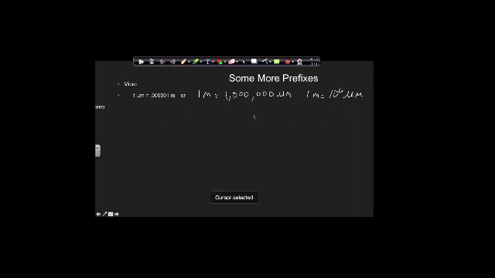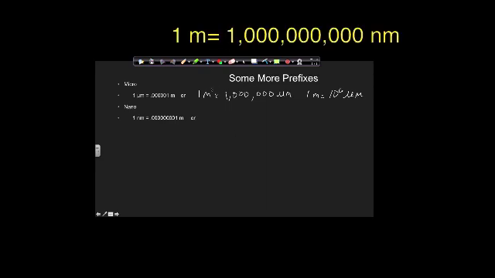One more unit, nano. We are going to be using this in a little bit. 1 nanometer is equal to 0.000000001 meters, or the better way to say it would be 1 meter is equal to a billion nanometers.